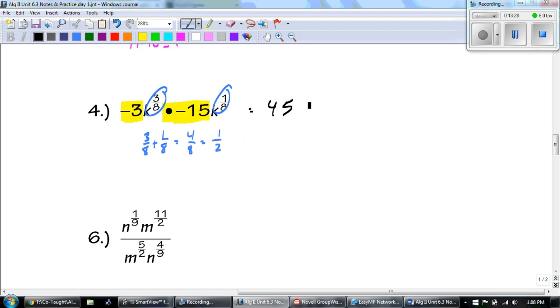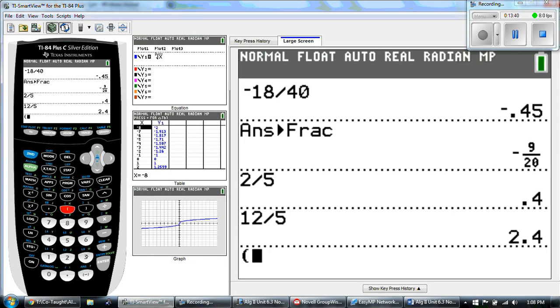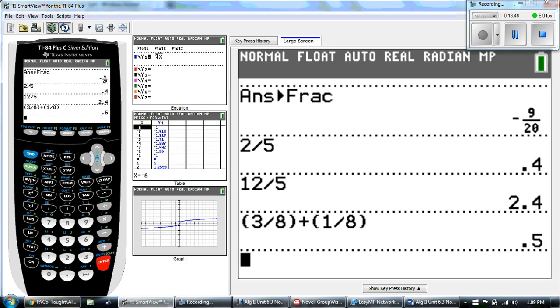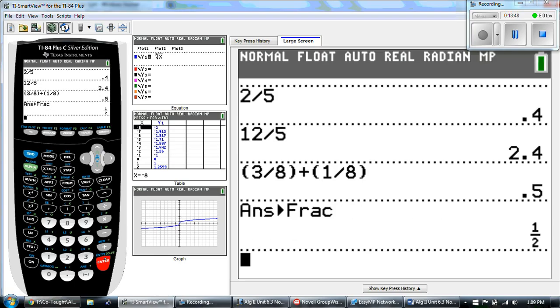And you get 1/2. Okay, so you can do it the long way, or you can do it using your calculator. And let me show you using your calculator. You take 3/8 plus 1/8, and it tells you the decimal, and you just switch it to a fraction.